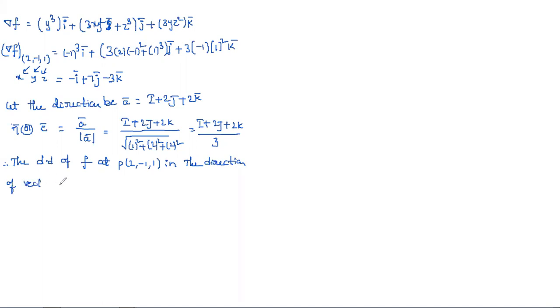So that vector we give simply a bar is del f at P dot e bar. So this is equal, del f at that point, what we got, minus i plus 7j minus 3k, right? Dot e bar is nothing but what we got, i plus 2j plus 2k by 3.